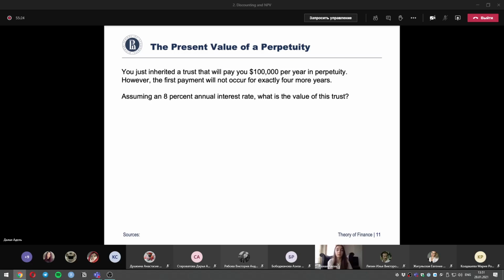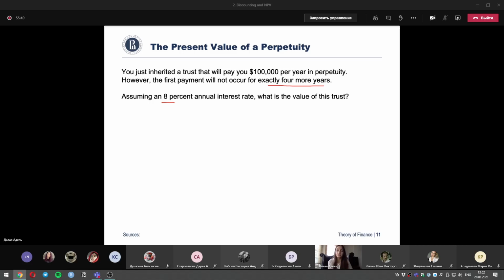Okay, so now you, lucky, just inherited a trust that will pay you $100,000 per year in perpetuity. However, the first payment will not occur for exactly 4 more years. So assuming an 8% annual interest rate, what is the value of this trust today?